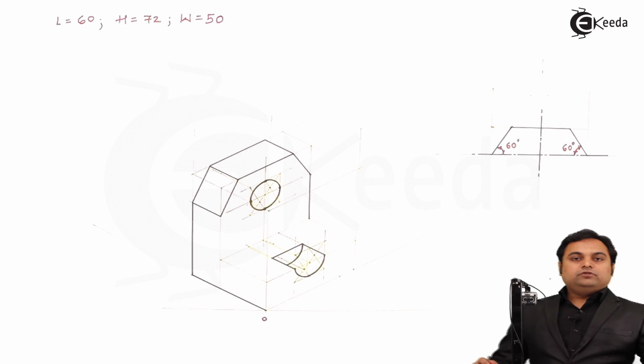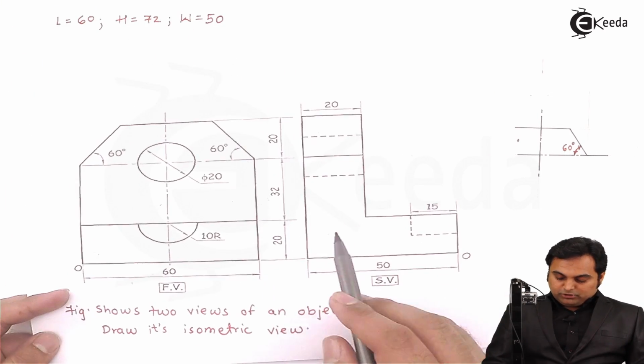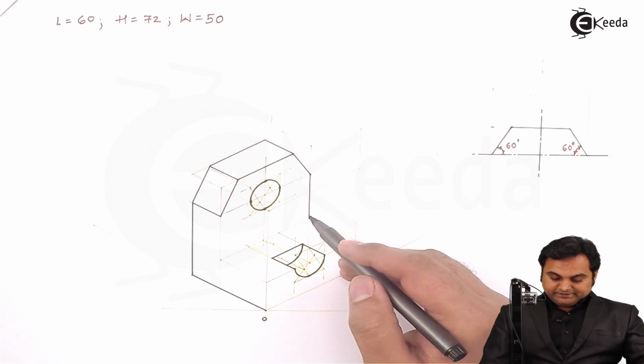Now both the vertical and horizontal blocks are connected, so I am connecting them.